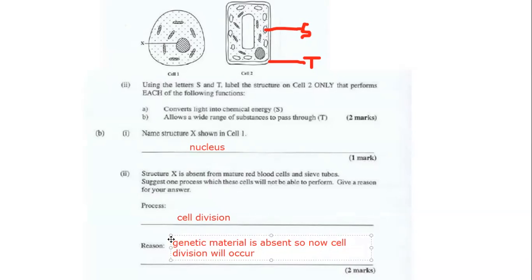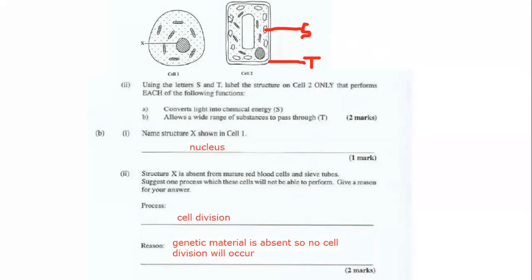We have no, put no. So no cell division. Thank you. See, I have extra eyes. You see what I can see or what I don't see. All right, so we're good. We're fine.